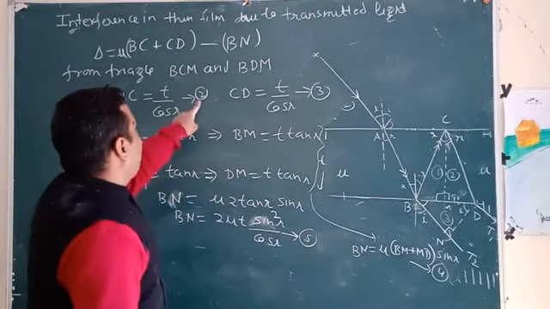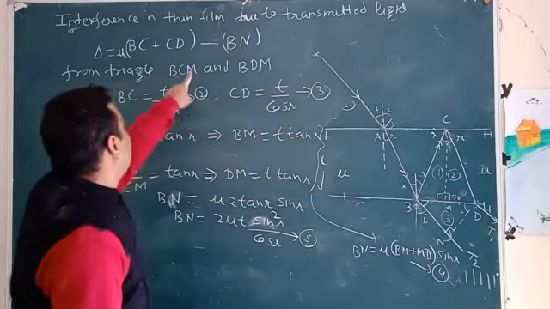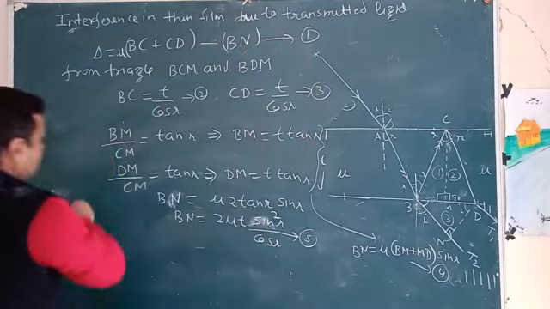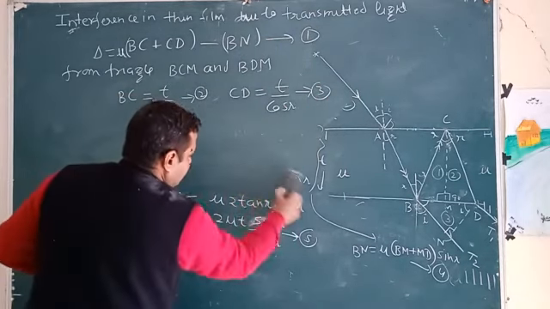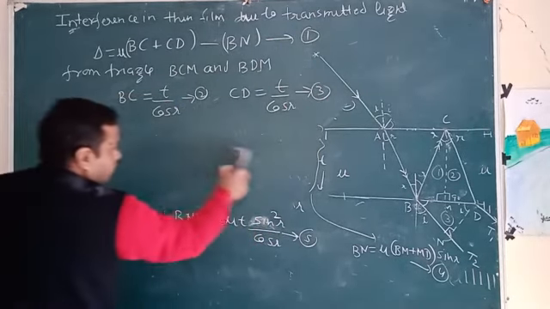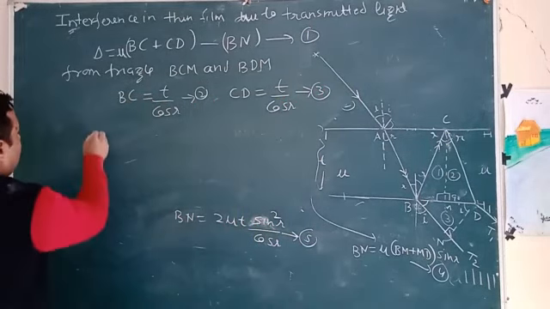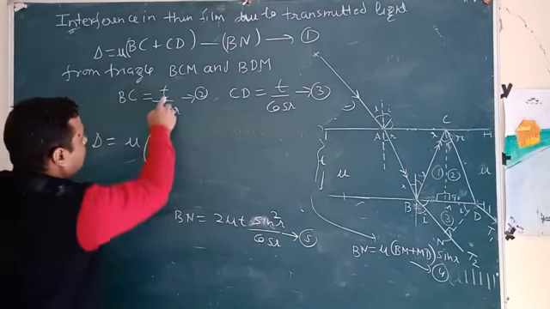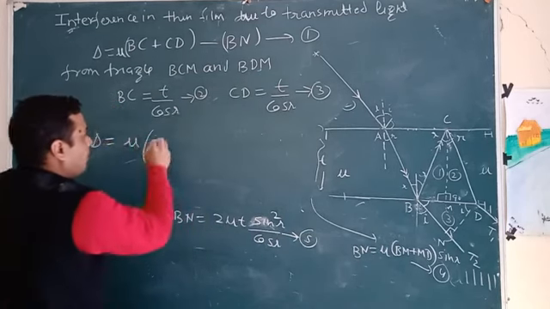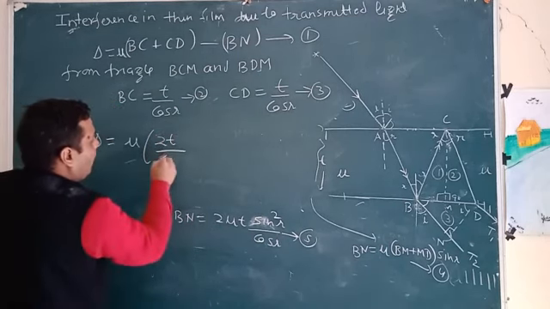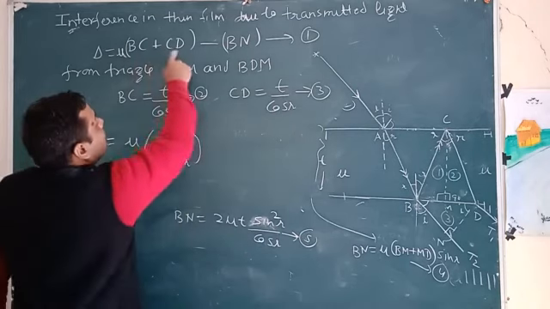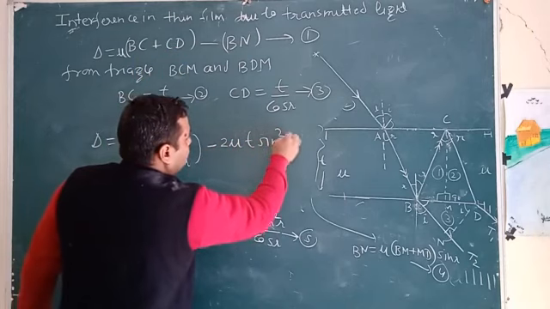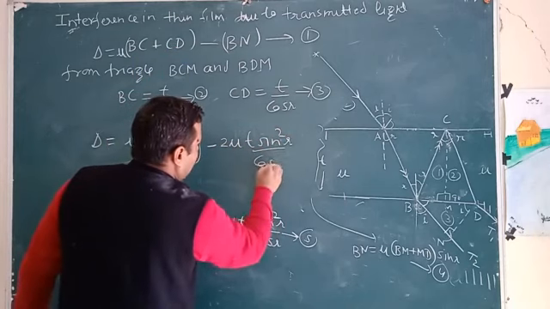Now putting the values of equations 2, 3 and 5 in equation 1, the total path difference is 2T upon cos r minus 2 mu T sin square r upon cos r.